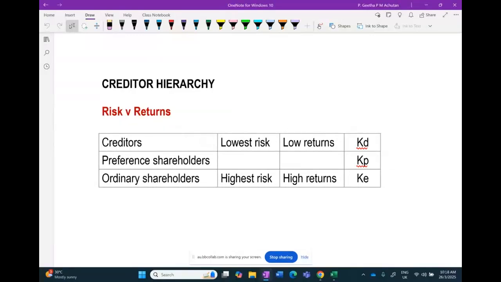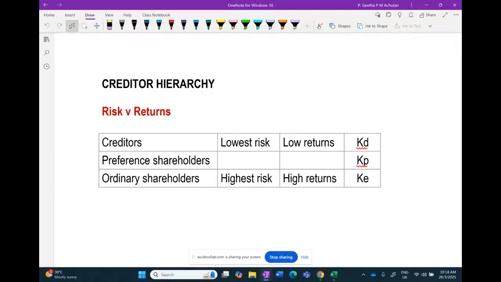So shareholders are the investors who will always be paid last. In an orderly liquidation, shareholders are paid last. They may not even get anything in a liquidation. Secured creditors are paid first, followed by unsecured creditors.